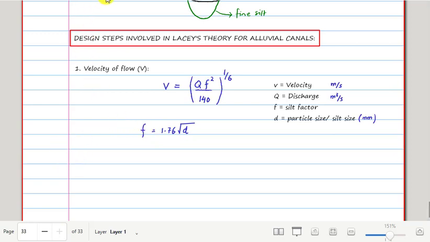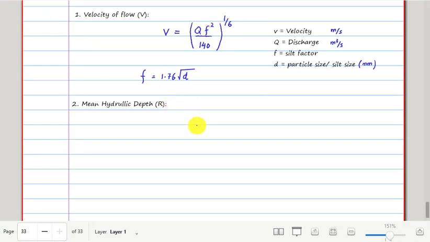In the second step, similar to the previous theory, we need to find the mean hydraulic depth. We represent it with R, right? To find out the mean hydraulic radius, we have a formula: R is equal to A divided by P. Or there is another formula in case we need it, because it depends upon the data provided to us.